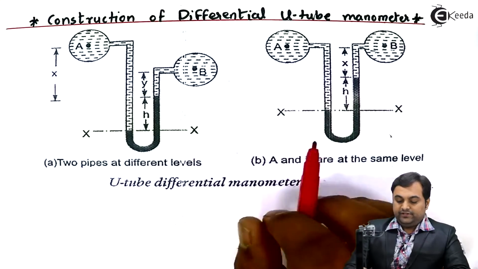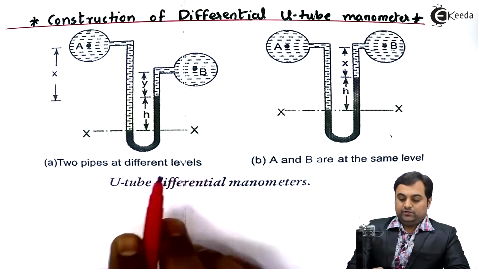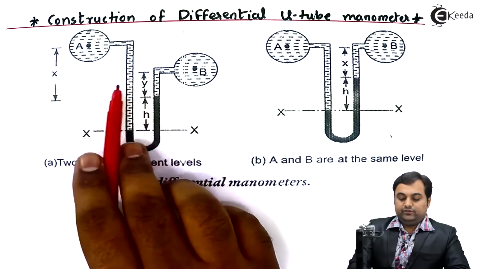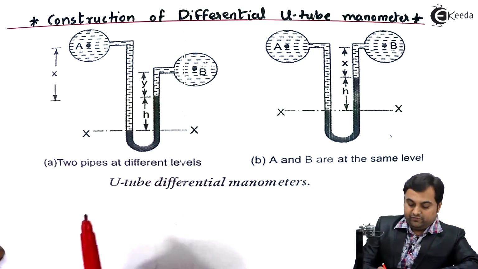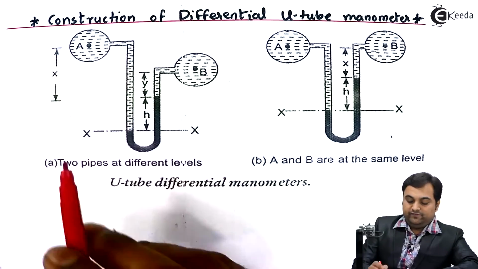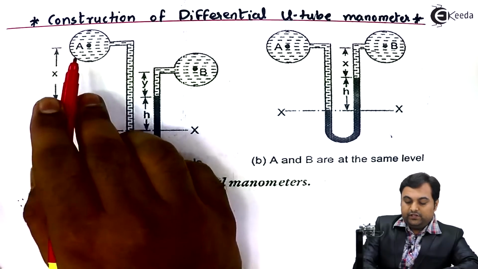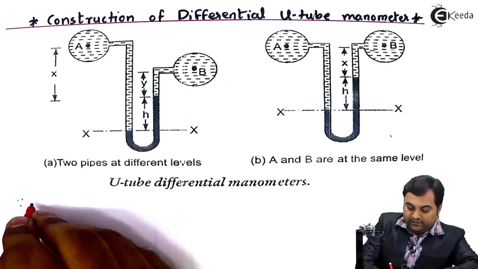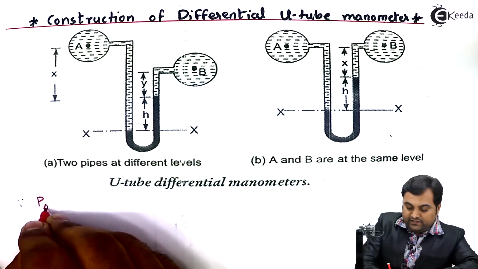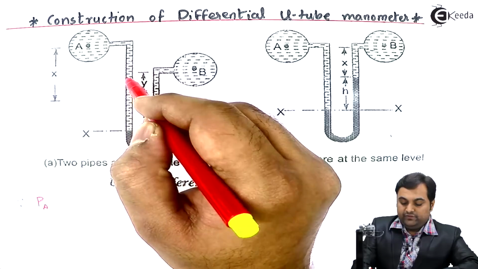So now the method is very simple. Even if we have two pipes at different levels, we can calculate the pressure difference from that also. The equation would be such that first I'll write for the left portion. Since we have pressure in pipeline A, I'll denote it as PA. Next we have this entire column of fluid which is filled.